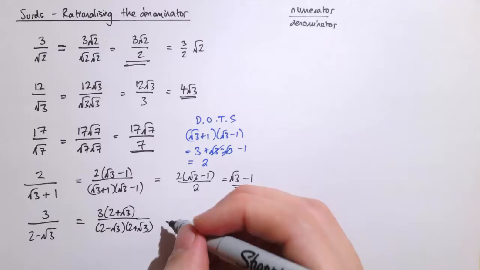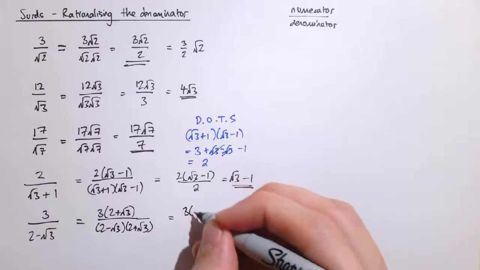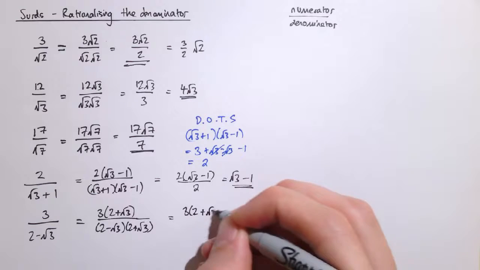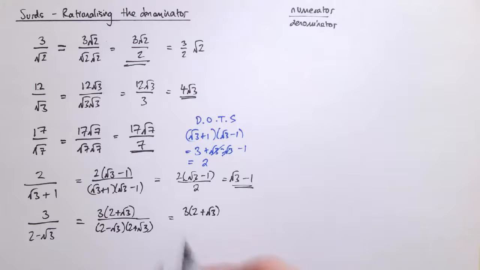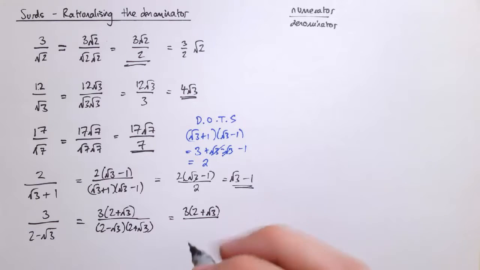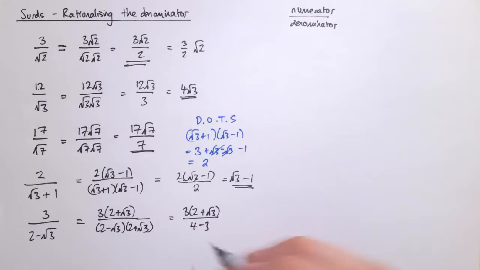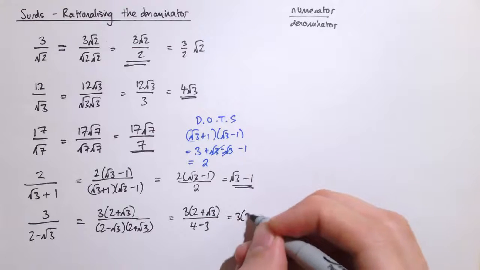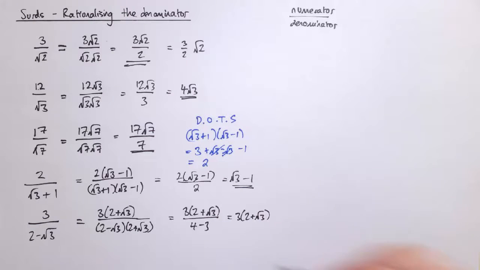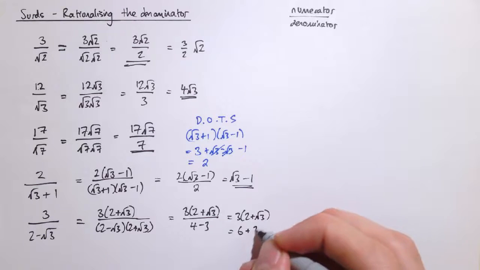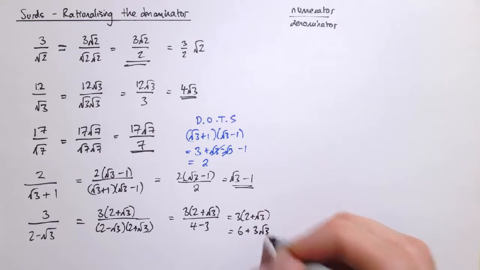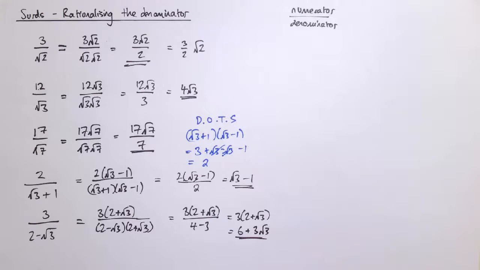Then what we get is 3 times 2 plus root 3. On the bottom we've got 2 squared minus root 3 squared, which is 4 minus 3, which is just 1. So I end up with 3 times 2 plus the square root of 3. If you wanted to, you could write that as 6 plus 3 root 3, multiplying out the brackets.